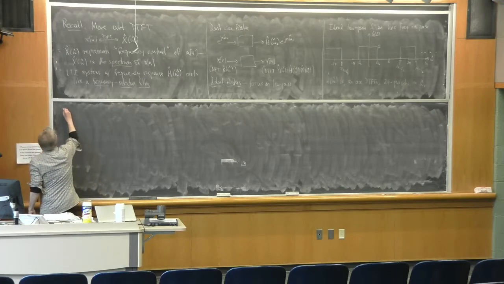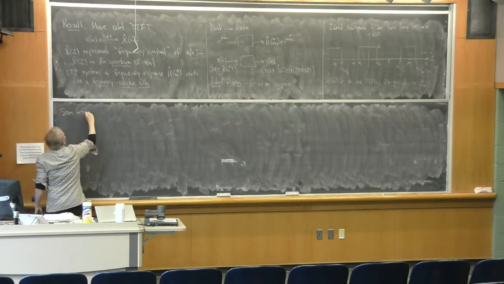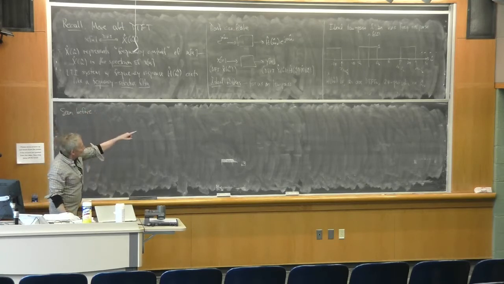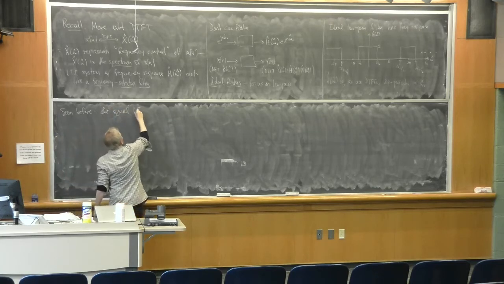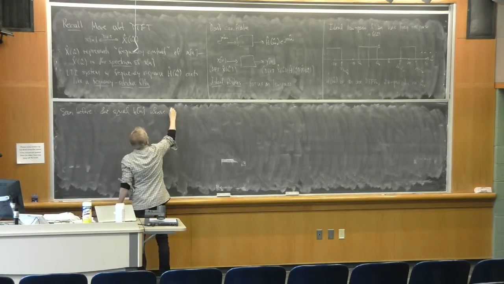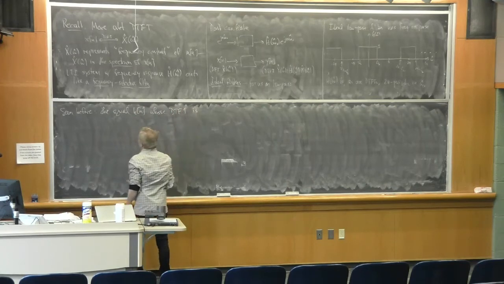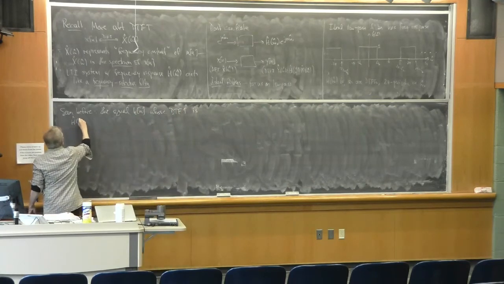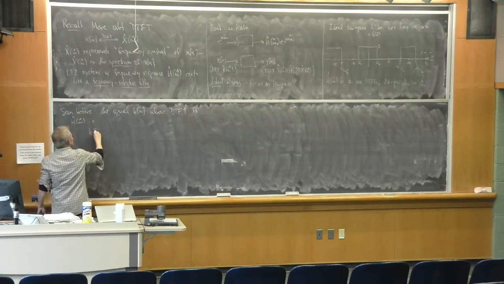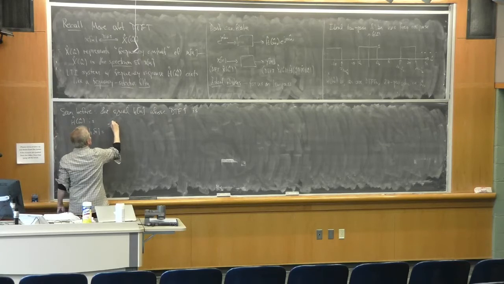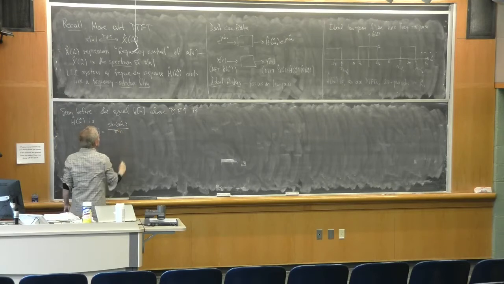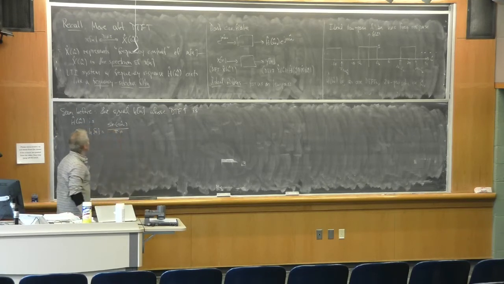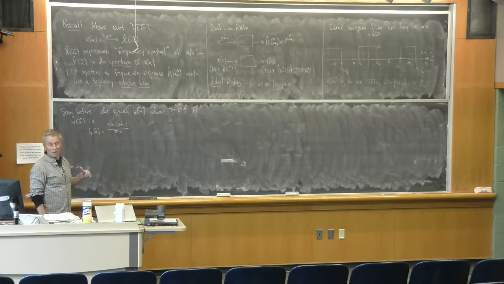Well, we've seen before that the h of n that goes with this h hat of omega, so the signal h of n whose DTFT is this h hat of omega, is h of n equals sine of n omega hat b divided by pi n, and this is for all n. That was one of our examples we did. We found this using the so-called synthesis equation for the DTFT.